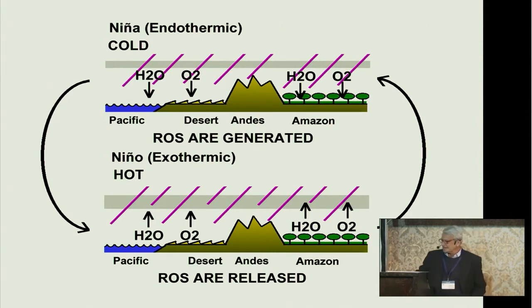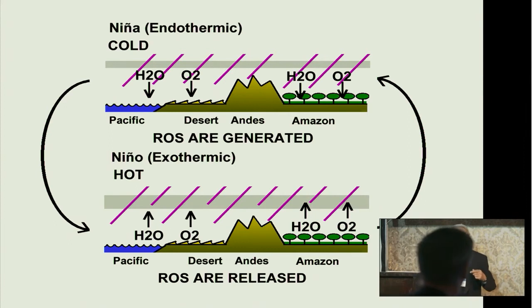So this is a scheme of a cut through the Peruvian Pacific, the desert, the Andes, and the Amazon. That system makes the cold part, called La Niña, which means there is a thin ozone layer, and the UV gets in and does the job.